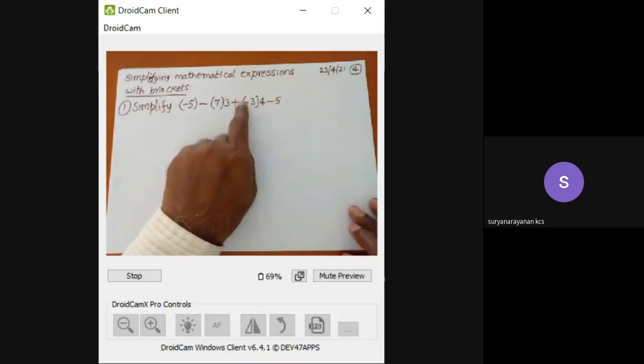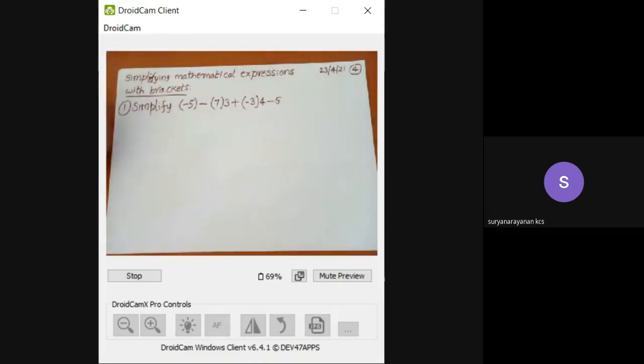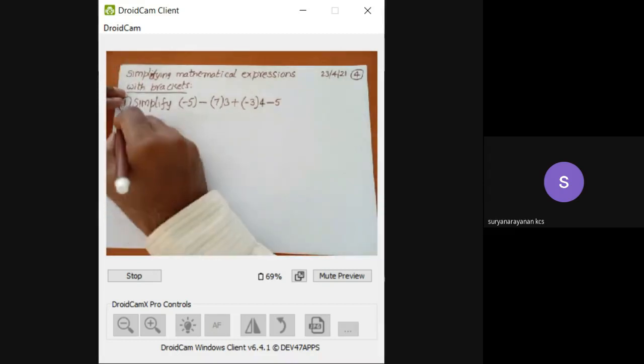Now, see this expression. Now we remove the brackets, and after that, we classify, we segregate the numbers into positive numbers and negative numbers.